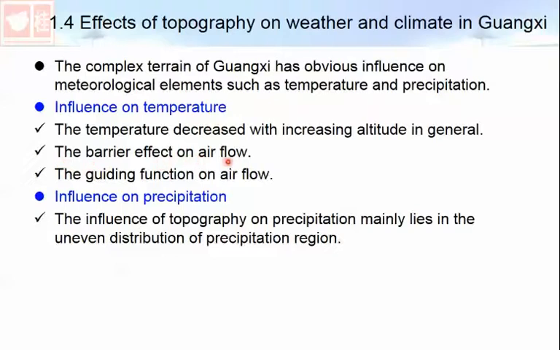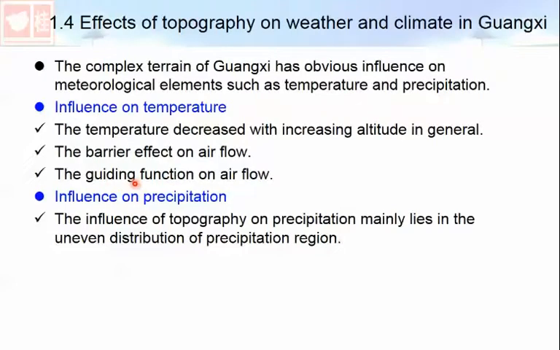Second, the barrier effects on airflow. Because the Yunnan-Guizhou Plateau blocks the southward cold air, temperature in the west of Guangxi at the same altitude and latitude is higher than that in the east of Guangxi. And the third, there are many gaps in the edge of the Guangxi Basin.